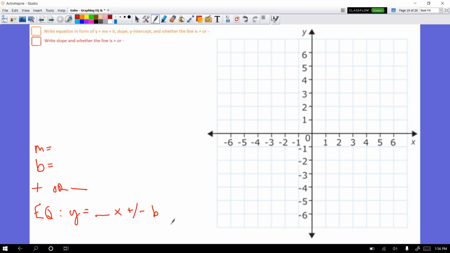Okay, y equals mx plus b. Then for the red ones, all you have to do is write the slope and whether the line is positive or negative. That's it. So you're going to have m. That's it. Please make sure all slopes are simplified just like we did in previous problems.